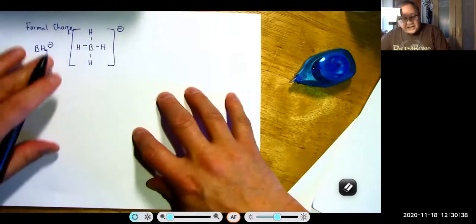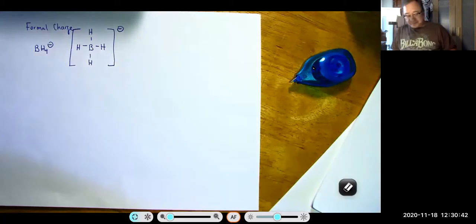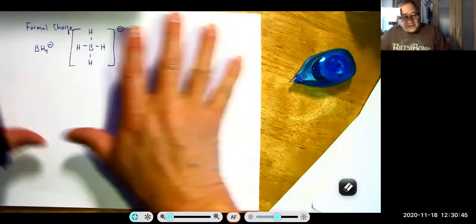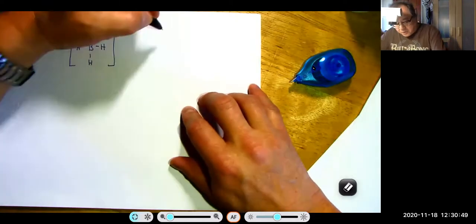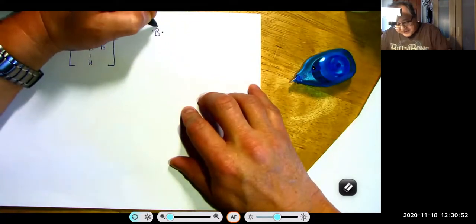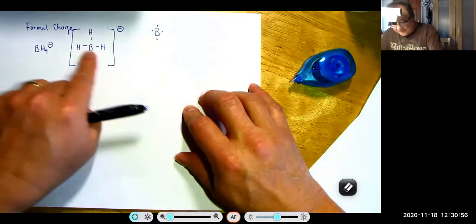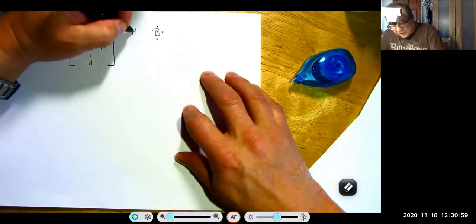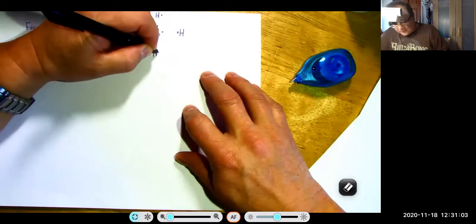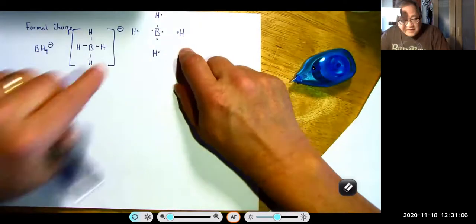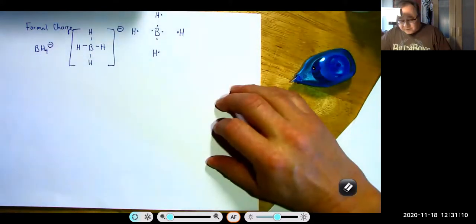So we're going to assign formal charge two ways. We're going to do the deconstruction way, where we deconstruct this, and then we'll do it the calculation way. When we deconstruct it, the boron gets half of each bonding pair, so that means 1 electron from each bond, and the hydrogens get 1 electron from each bond. So we compare what we have here compared to what the atom looks like when it has all of its valence electrons.